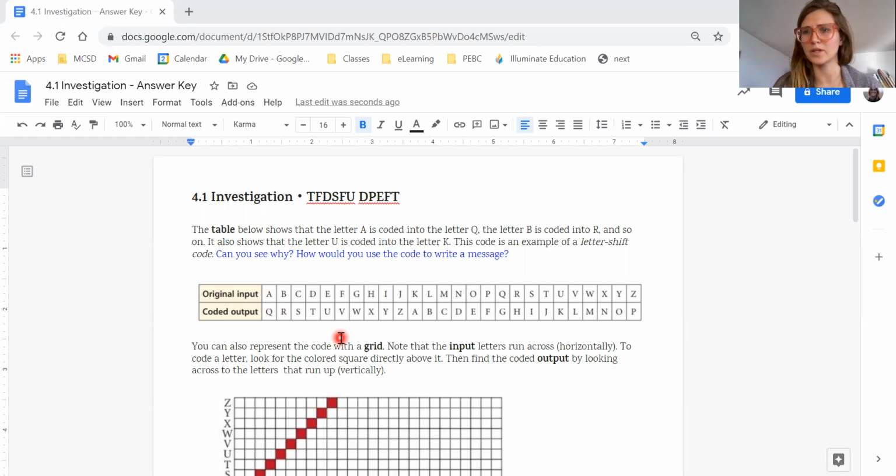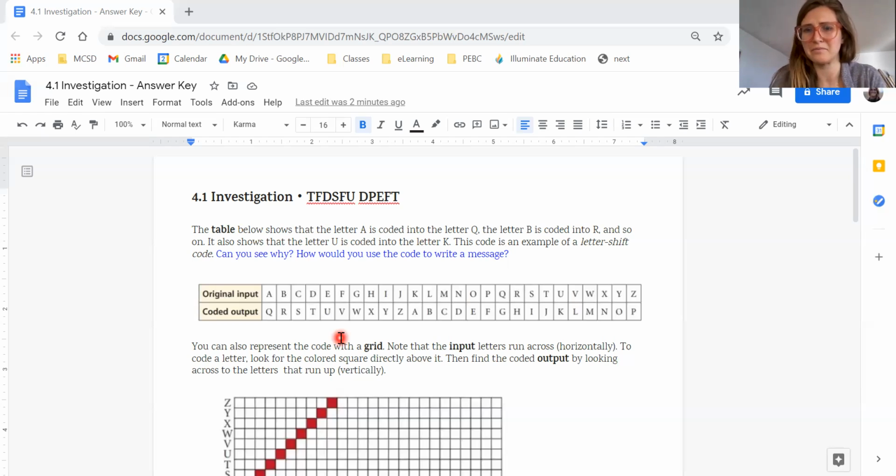Math class can seem really vague and unrelatable, and the purpose for using something like this is to see how math can be used everywhere. Like I commented in the check for understanding, there's a bunch of different ways that codes are used.